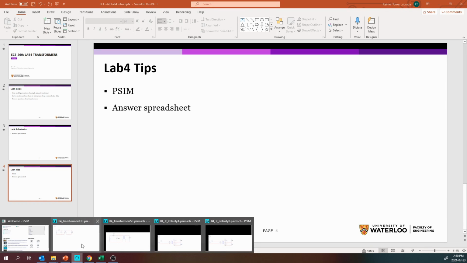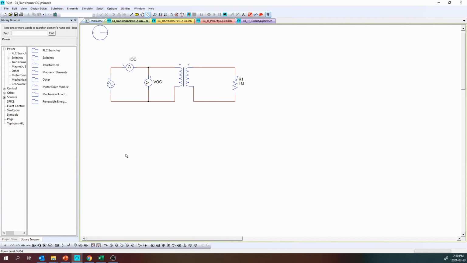In PSIM, there are not many files for this lab. We're going to rely a lot on given data that we have collected in the lab. The reason is very simple: the transformer model in PSIM cannot be saturated.